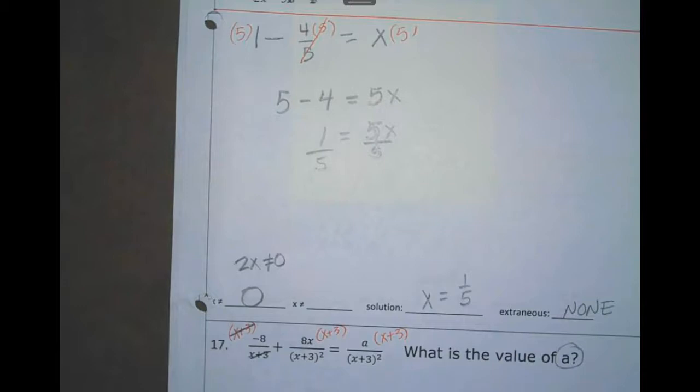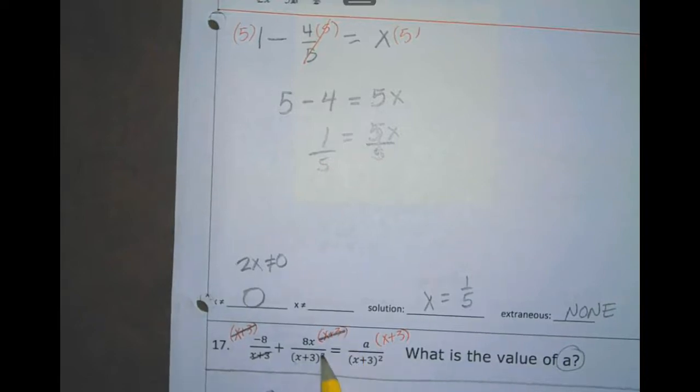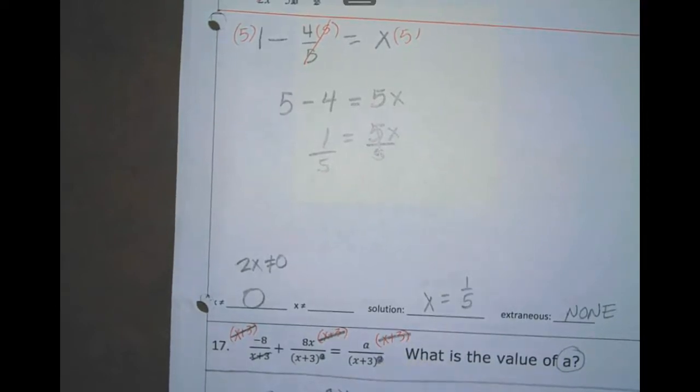That cancels those x plus 3's and leaves a negative 8. This will cancel one of those, and so I will have 8x over x plus 3 equals a.